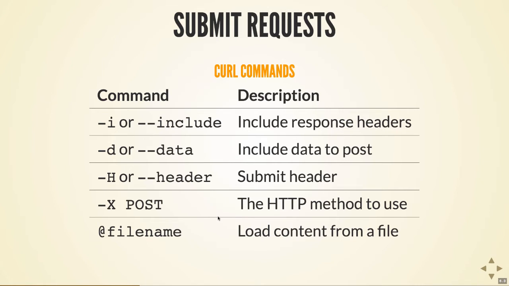If you're submitting data, you can add a data parameter. This is important if your request has a huge request body that doesn't really fit in a URL. The -H refers to stuff that you have in the header of your request, and then the method.